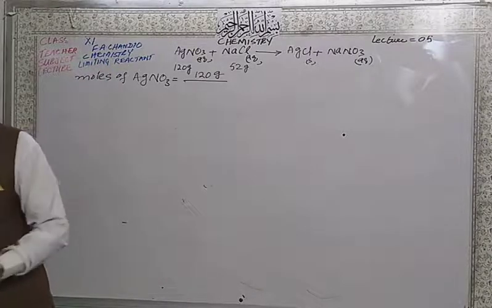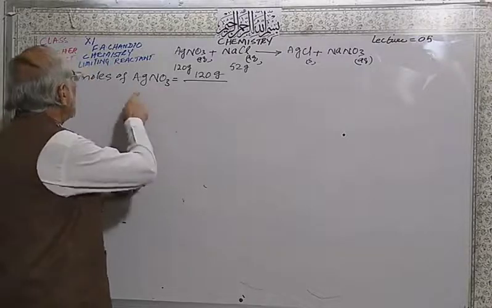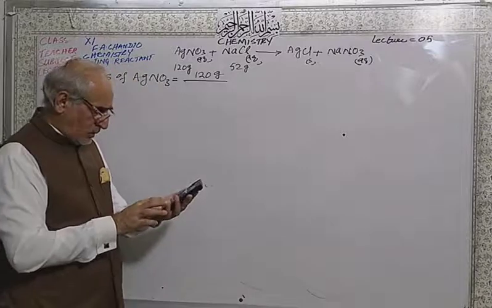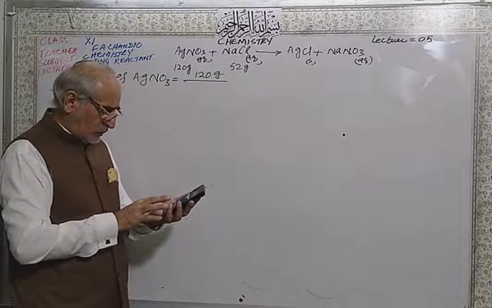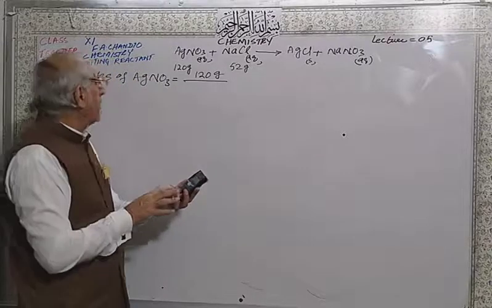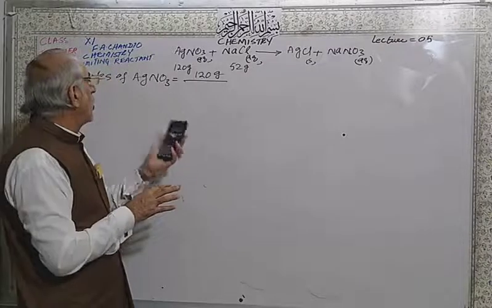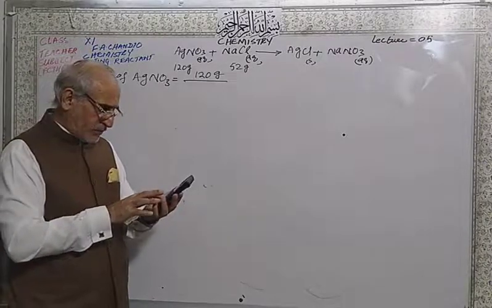If you see the periodic table, silver is about 108 plus nitrogen is 14 plus oxygen 48.